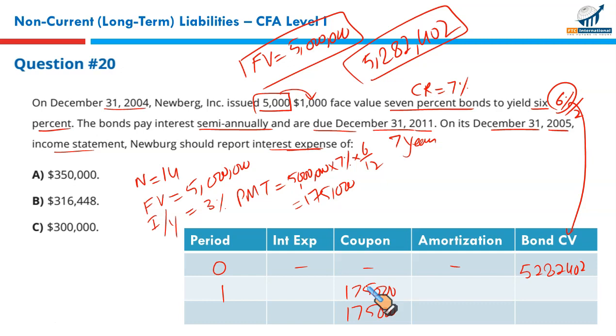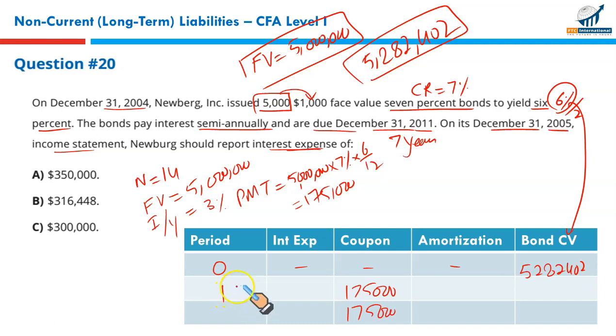So the interest expense for the first period will be, you'll take this amount, 5282402, that's the book value, multiply this with 6% and divide it by 2, or simply multiply it with 3%. It gives you 158,472. This is the interest expense for the first period. It's not the first year.